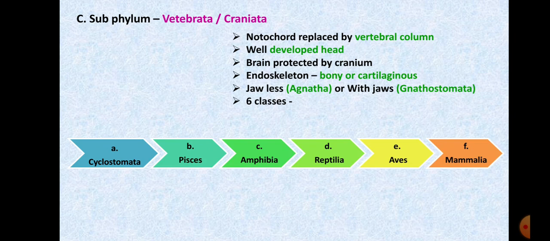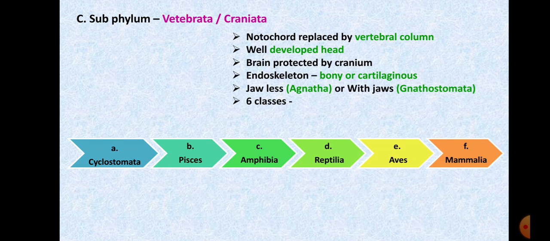Some of them are without jaws, and those that do not have jaws are called as agnatha. A, that is absence. And if there is presence of jaw, just like we have, they are called as gnathostomata. G is silent. Clear?